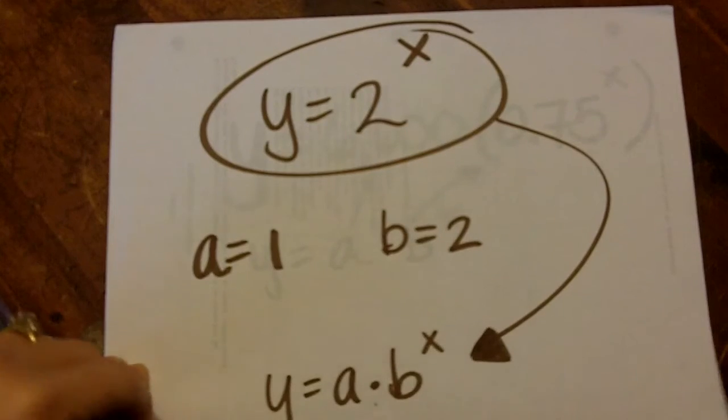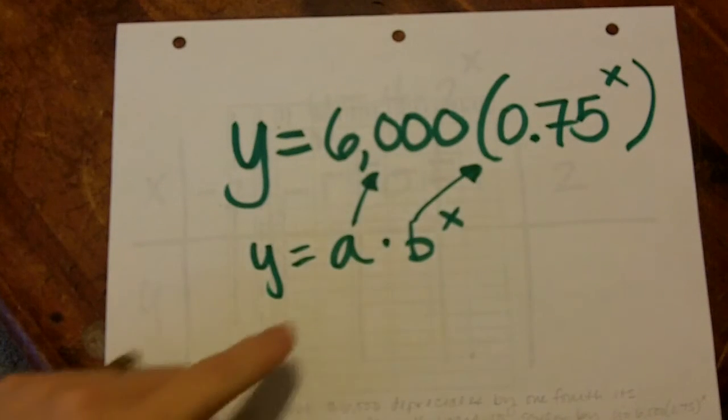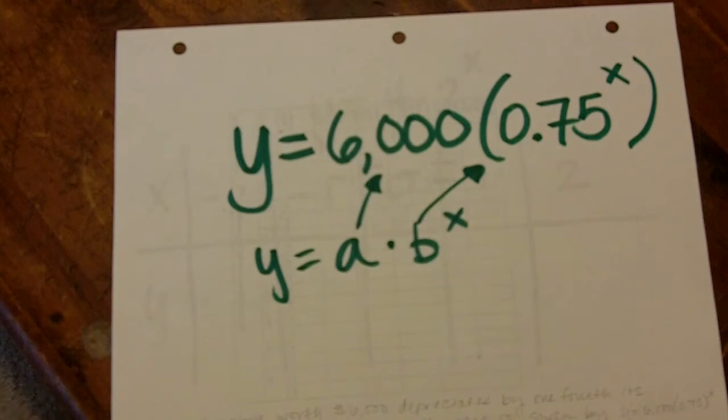It is in that form, but a is definitely 1. If you have, like you will in your homework, y equals 6,000 times 0.75 to the x, that's actually part of a word problem in your book. Your a in that case would be 6,000, and your b would be the 0.75.